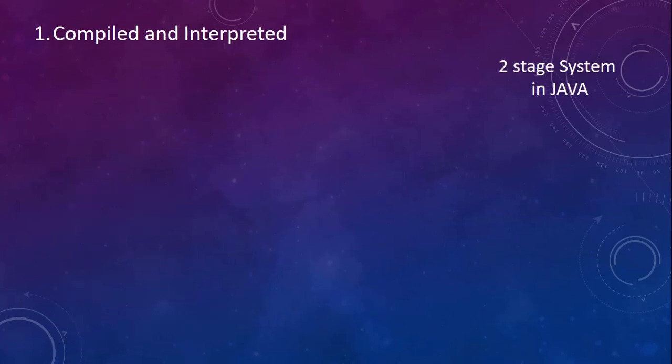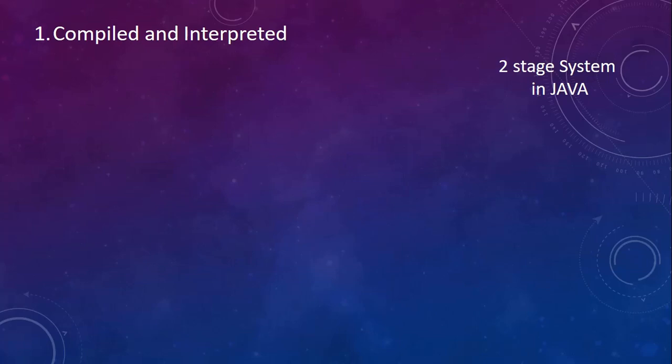Java is a compiled and interpreted language. Now coming from a C++ background, you must have realized that C as well as C++ are called compiler based languages. A compiler is a tool that converts the source code into machine code, the code that is understood by the machine, or a high level language is converted to a machine language.